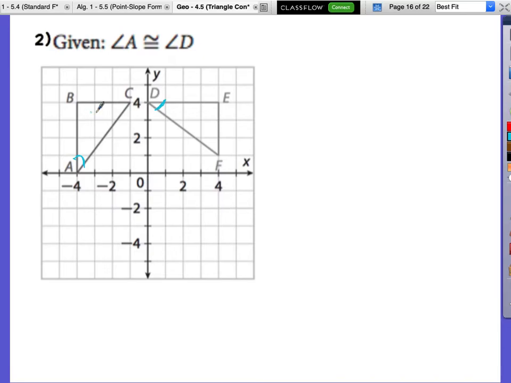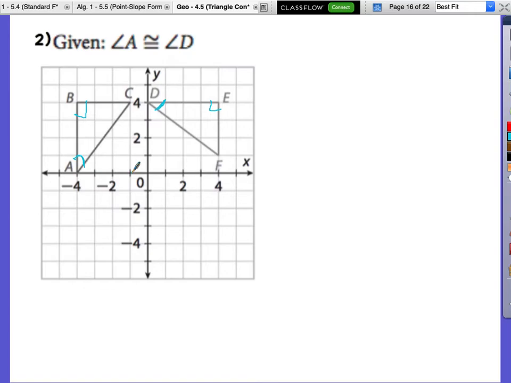How do you know angle B and angle E are congruent? I don't see any measures. Okay, so it's a what kind of angle? Okay, they're both right angles. We can tell by looking at this graph. So they're both congruent.